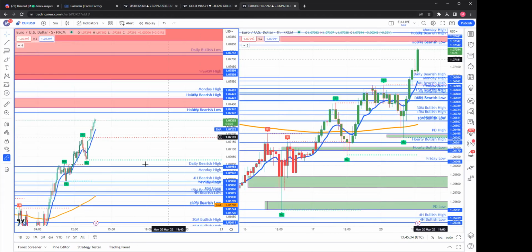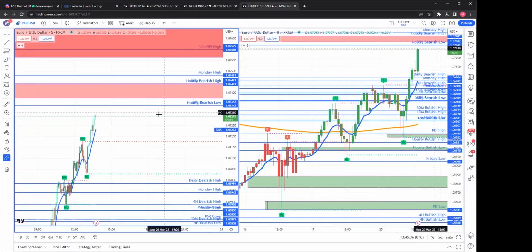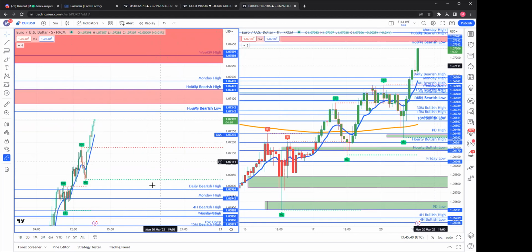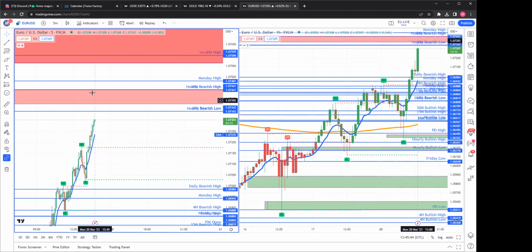So right now, the only trade that I see, so I've been waiting for EU to come up here, but unfortunately, I haven't gotten any buying opportunity to ride price. So for EU, hourly bearish high is, let's call that 1.0774.40 to 73.40. So this is a 10 pip zone, right?